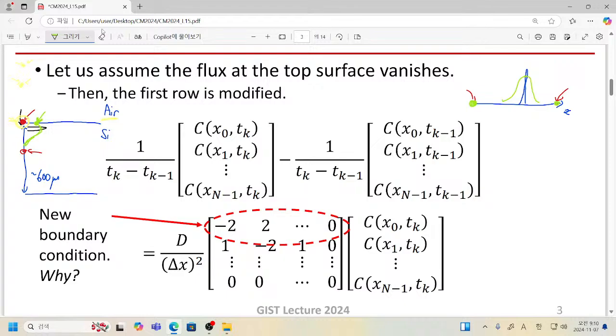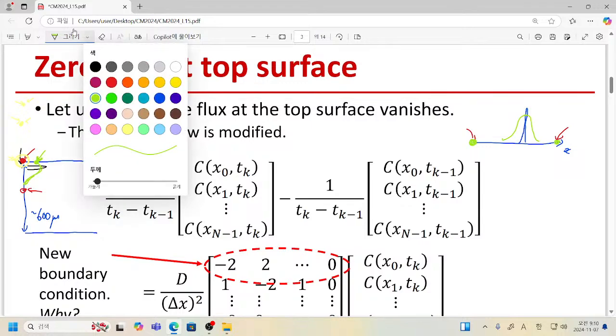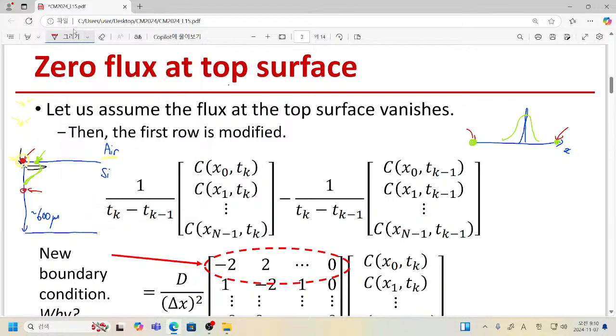Then how can we do that? That is the main content of our lecture today. Today we will consider zero flux at the top surface. Zero flux means that we have an impurity atom and the atom diffuses to the top surface.